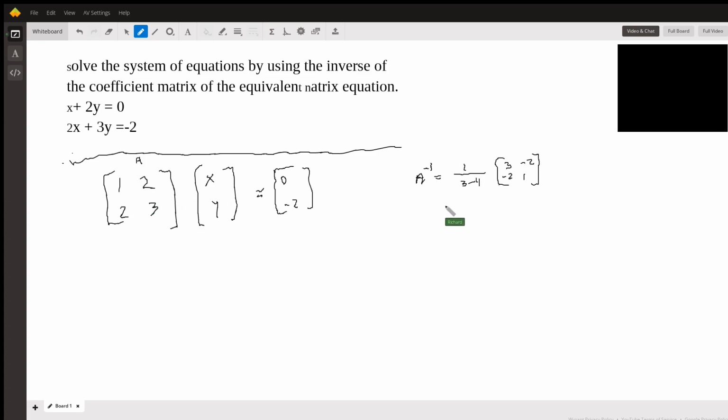Now, 3 minus 4 is negative 1, so this whole thing has a negative in front. I'll just copy this now, negative 2, 1, and I'm just going to distribute that negative 1 through the matrix. So I'm going to get negative 3, 2, and then 2, negative 1. And that is A inverse right there.